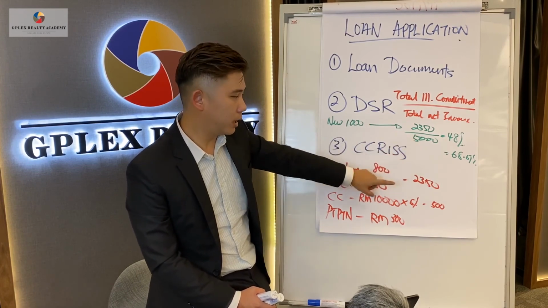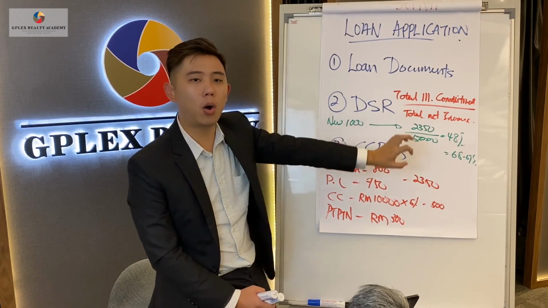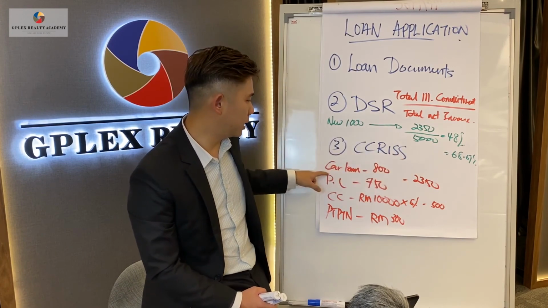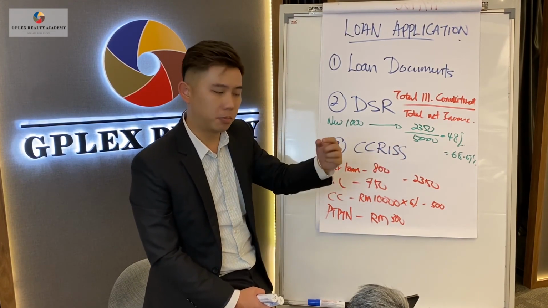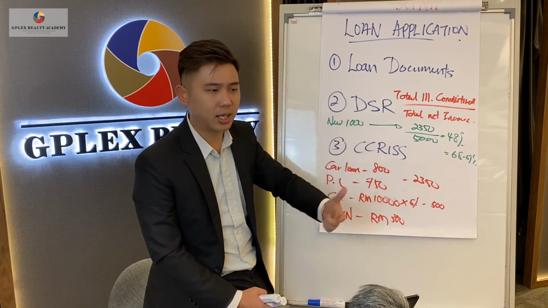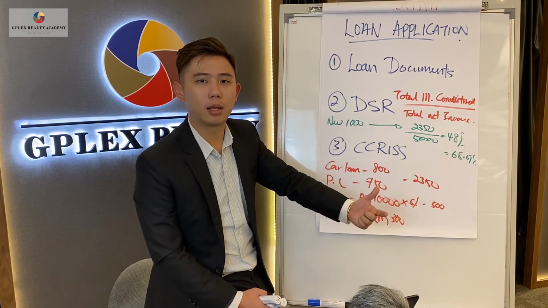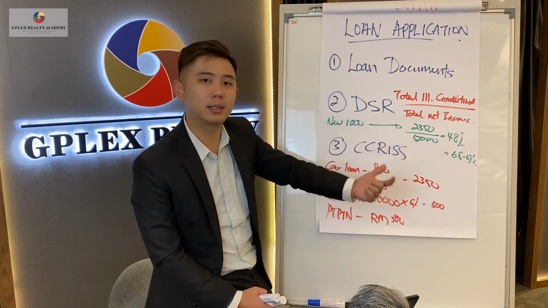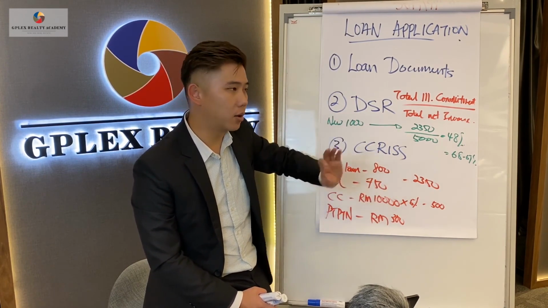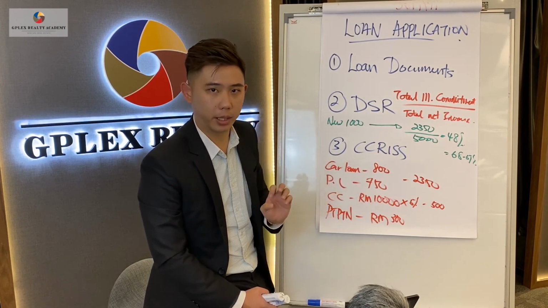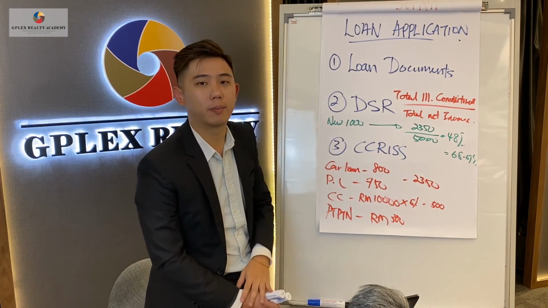Either you clear the whole commitment, or you need to repay nicely for 1 year continuously. Then your record will become clean, and only then can you go for a loan application. Otherwise, you cannot.